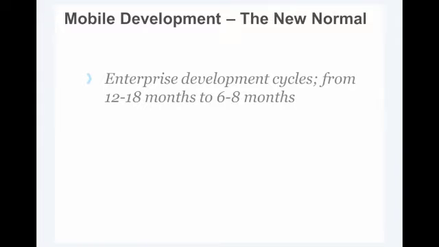But it's that mentality that's now starting to pervade the enterprise that says, well, if my Angry Birds updates every 3 days, why doesn't the front end of my CRM system update every 3 days, so I can have new functionality or better performance or a better experience with the apps I use in my enterprise? So we're seeing that start to erode the 12 to 18 month cycle into a 6 to 8 month cycle.